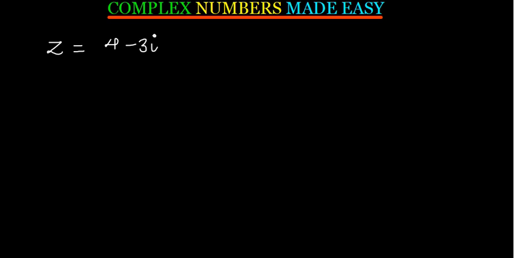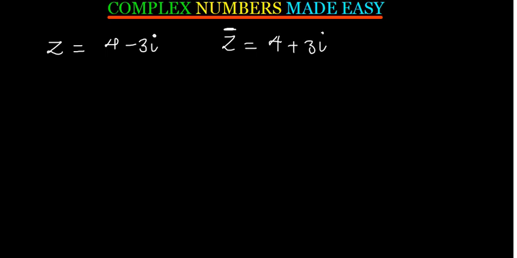The conjugate of a complex number is represented by z with a bar on top. What you do is you change the sign of the imaginary part. Please, change the sign of the imaginary part. So that is going to be 4 plus 3i.